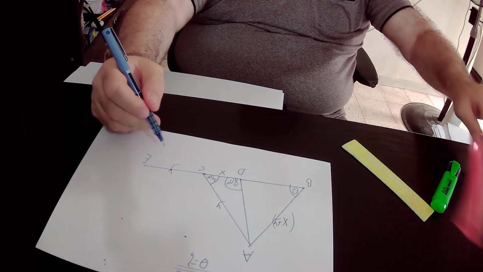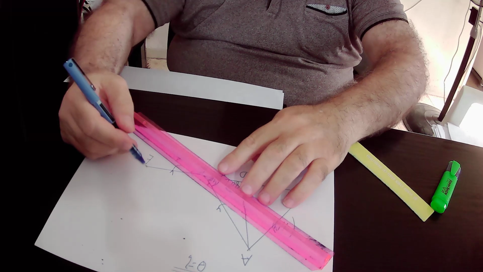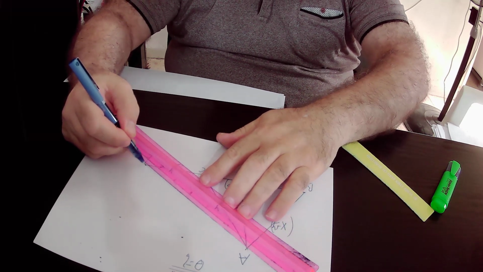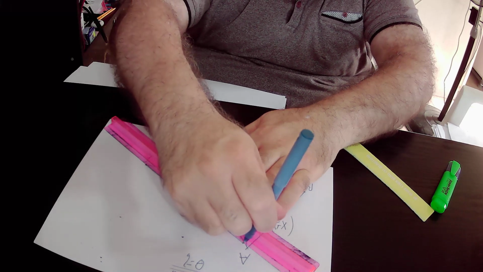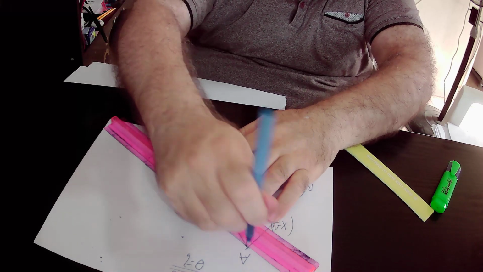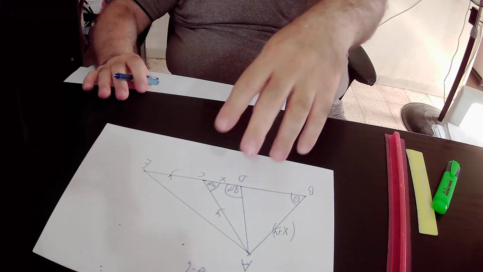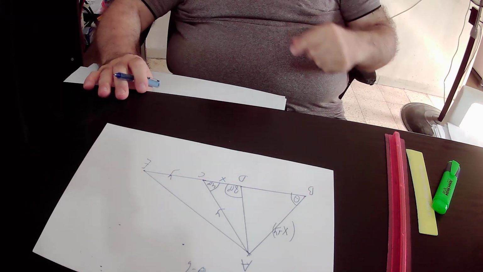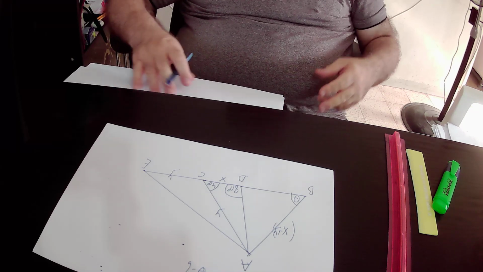In the next step, we join points A and D together by a straight line. So here we created triangle ACE. I will copy triangle ACE onto a new page and we'll analyze it.